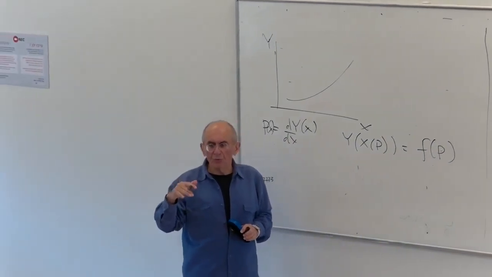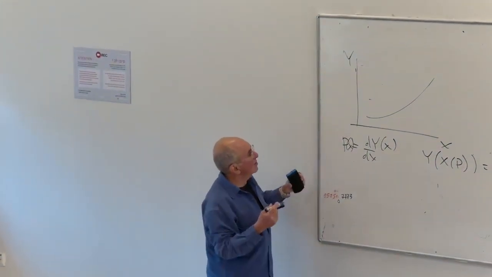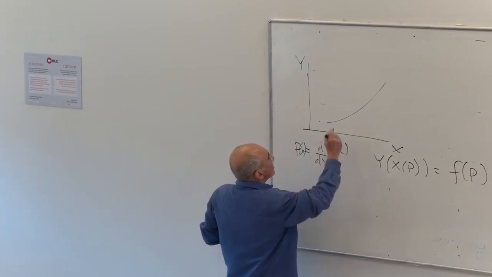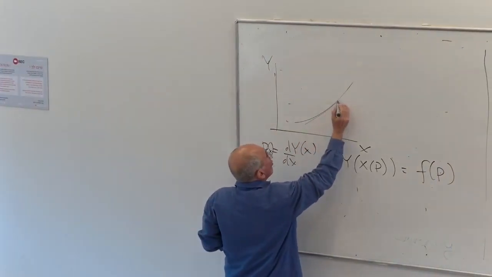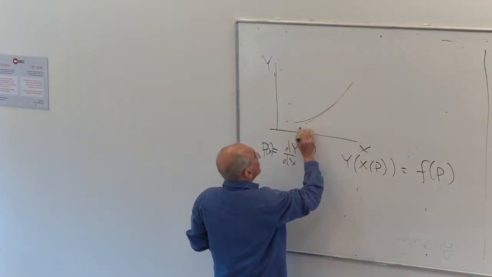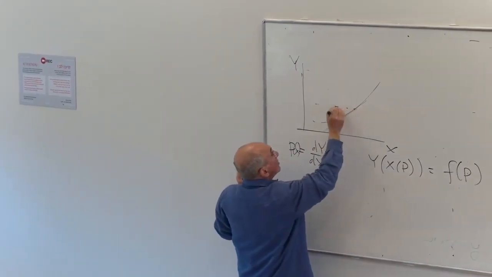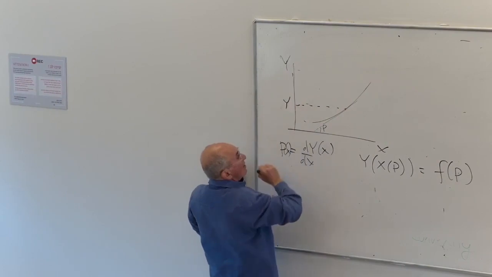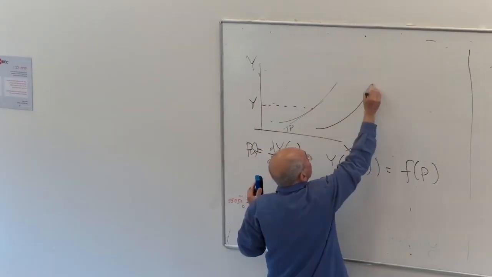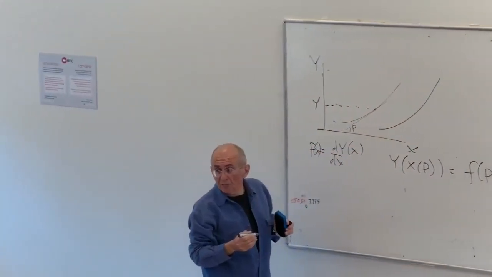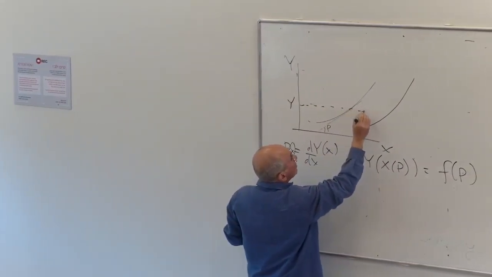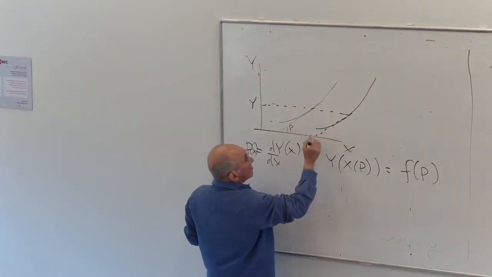You're saying something right, but not very clearly. What is p? p is the slope, right? So this is p, okay? If for every p I specify y, then this curve would correspond to the same relation between y and p, right?